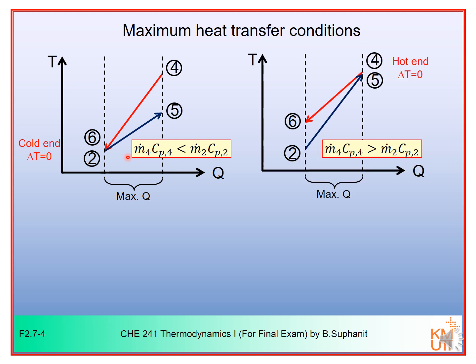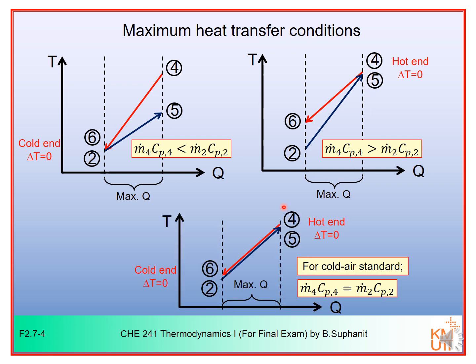On the other hand, if MCp of the hot stream is greater than that of the cold stream, the zero temperature difference will appear at the hot end. The compressed air from the regenerator will be at the same temperature as that at the turbine exhaust, or T5 equals T4.